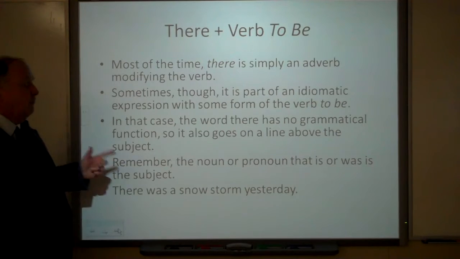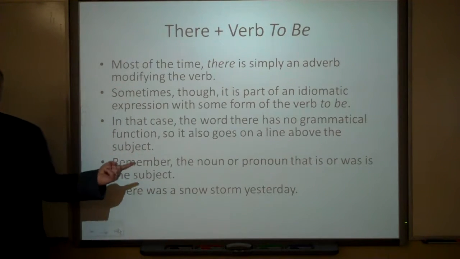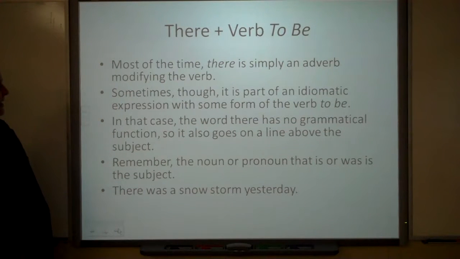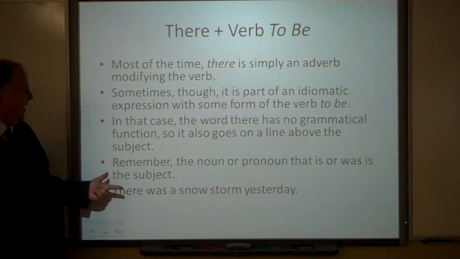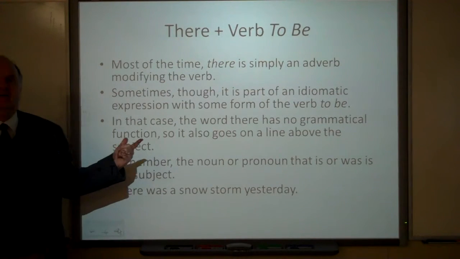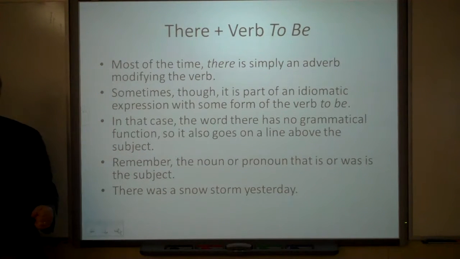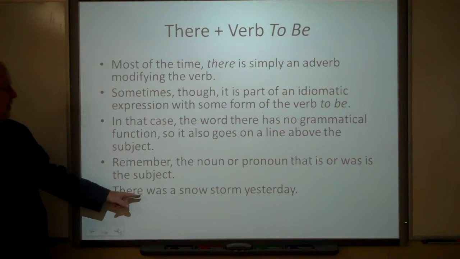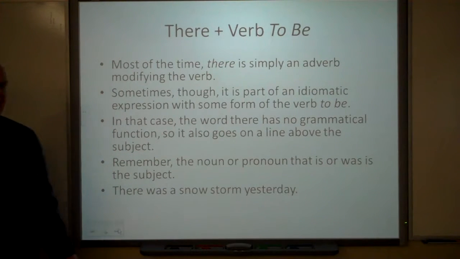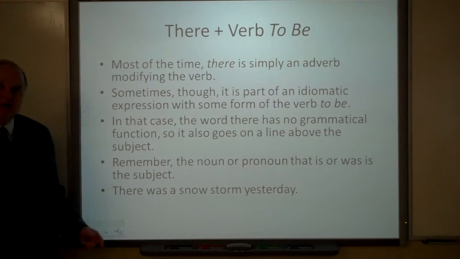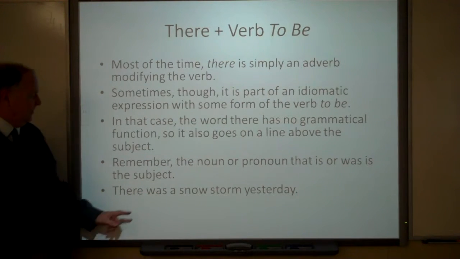And remember, with there are, there is, there were, and so on, the noun or pronoun that the is or was, the verb to be, is talking about is the subject. So, there was a snowstorm yesterday. Here is the idiomatic there was.